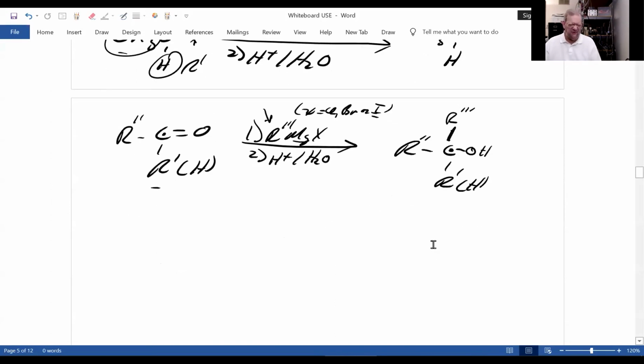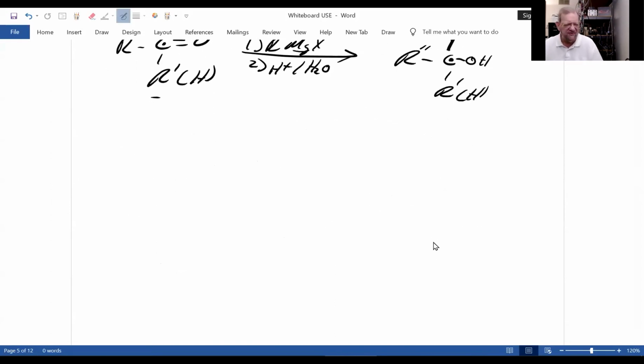Oh, let's do this once more. I like this. Now, sometimes when the Grignard is big, you put it here instead of above the arrow.